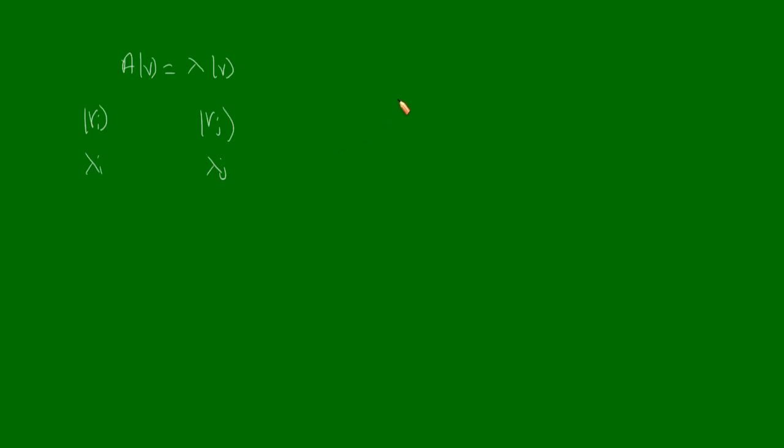Then we can write down A operating on Ri gives us lambda i times Ri, and A on Rj gives us lambda j times Rj. Let us number this equation number 1, this is equation number 2.